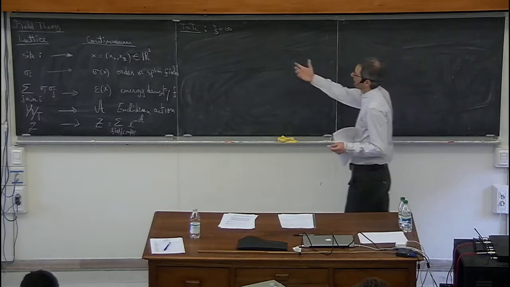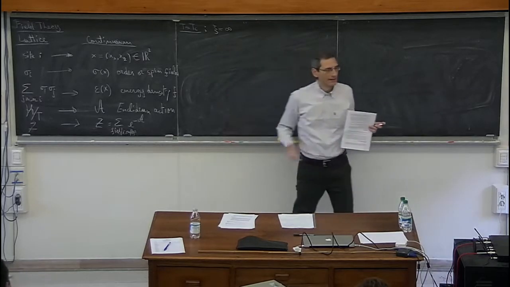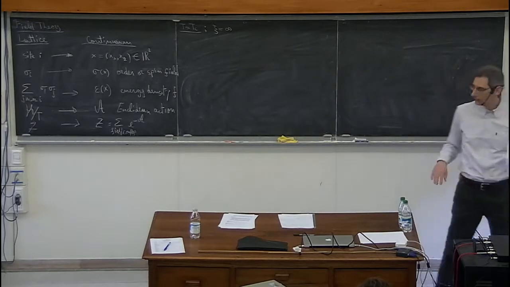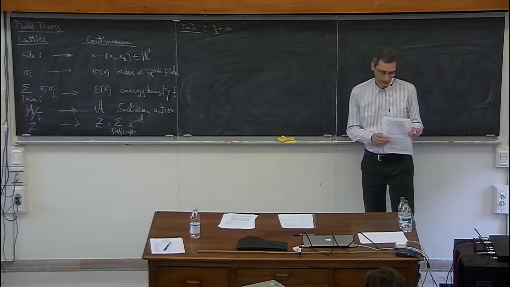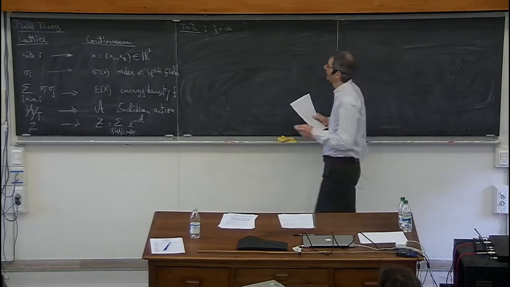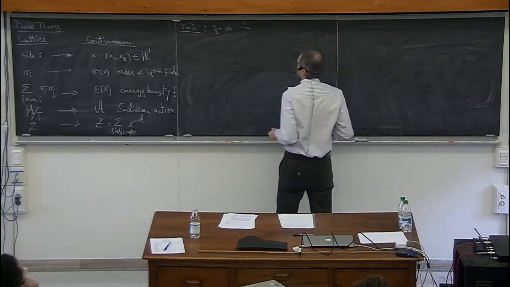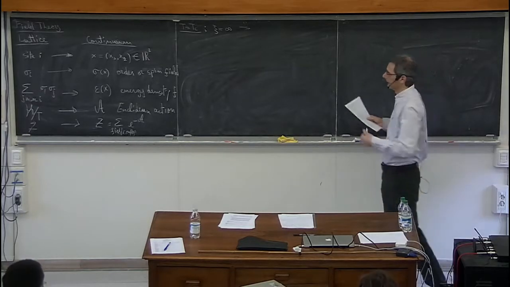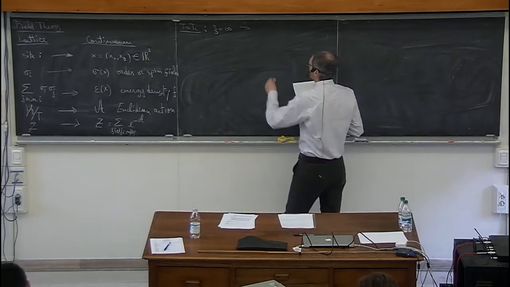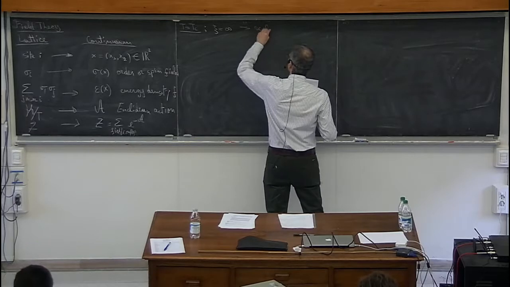Now the correlation length provides in your system the typical scale. If it is infinite, this means that you are left with no scale in the system. So this is why, in few words, these critical systems, second order transition points in the continuum limit, are characterized by scale invariance.